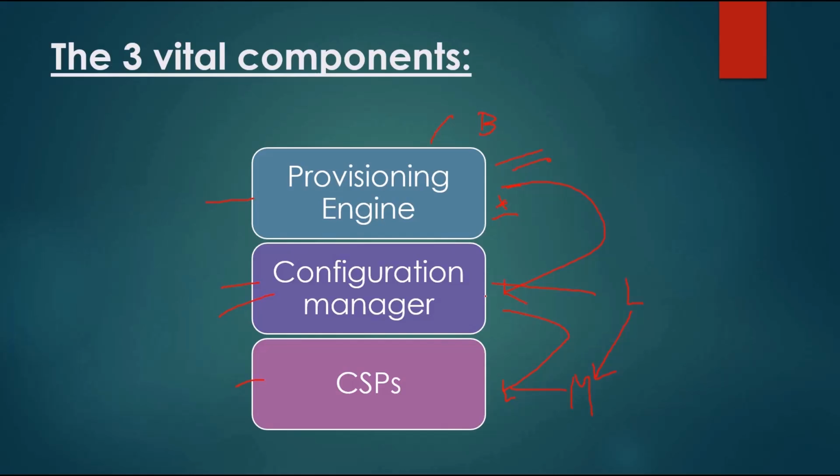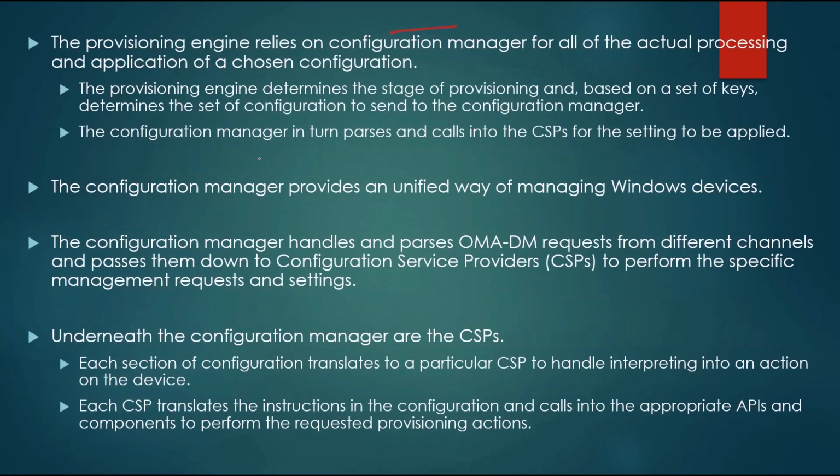CSP is something that we are already familiar with. When we deploy a policy directly from Intune, it in a way targets a CSP which is exposed by the operating system. Or let's say that we target an OMA-URI from Intune. It also targets a specific CSP which has been exposed by the operating system. So the configuration manager in turn parses and calls into the specific CSP and applies a specific setting.